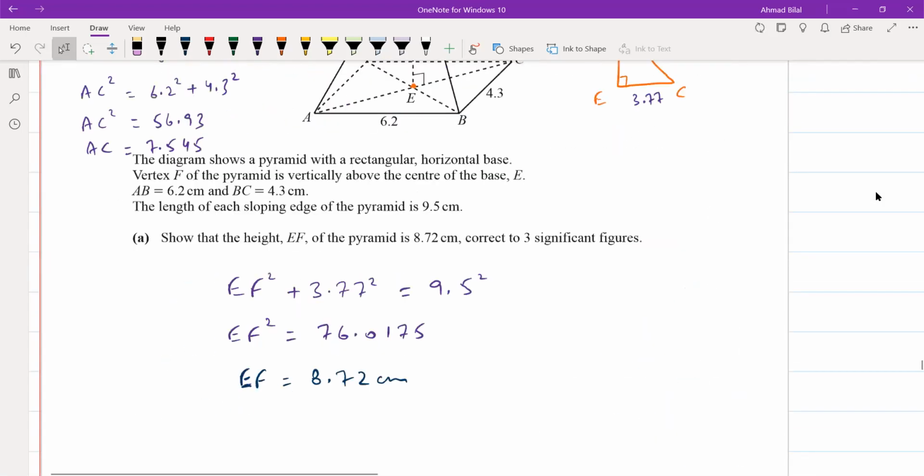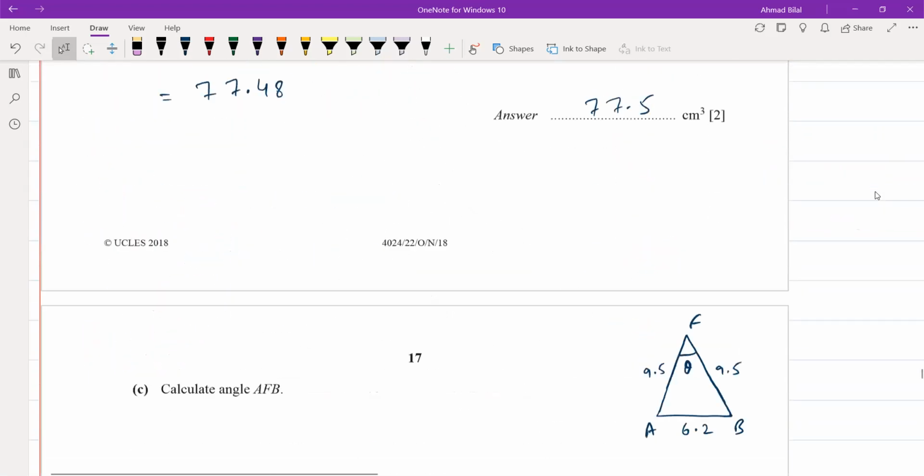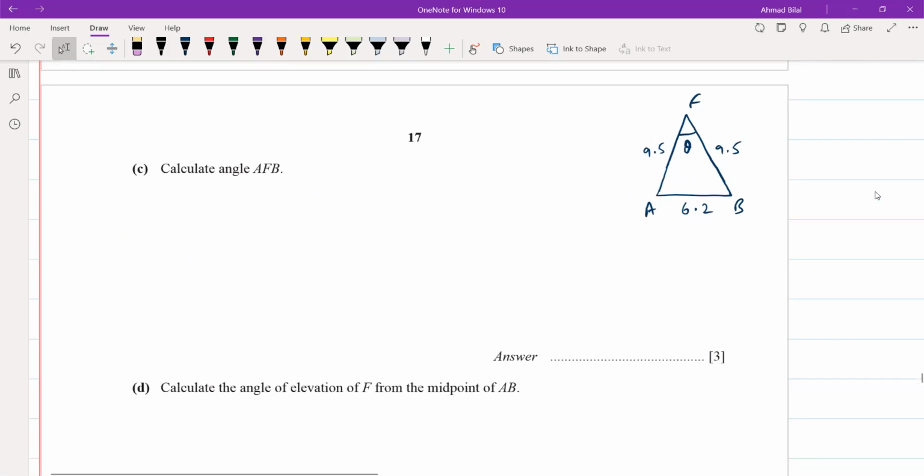So they are both 9.5. ठीक है? And you have to find this angle theta. अब आप देखोगे क्या use कर सकते हो यहाँ पे? Can we use sine rule? Well, we don't have any pair of angle and side given, right? कोई भी pair हमारे पास पूरा given नहीं, तो हम sine rule नहीं use कर सकते. We have to use the cosine rule.